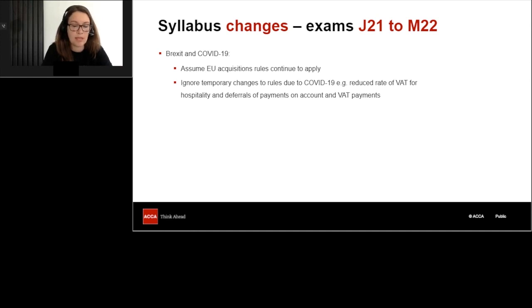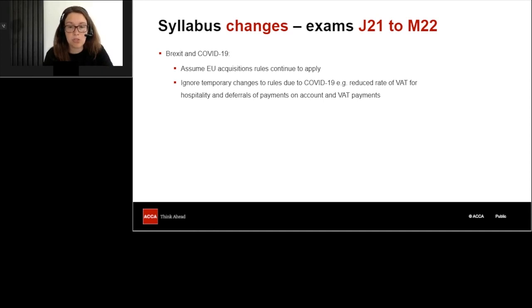and also that any temporary changes that were brought about because of COVID-19, so there were things like reduced rates of VAT for certain things like the hospitality industry, and also there were some deferrals of payments on account and VAT payments as well that were allowed in the UK, none of those are examinable, so you are not expected to have any knowledge of those.